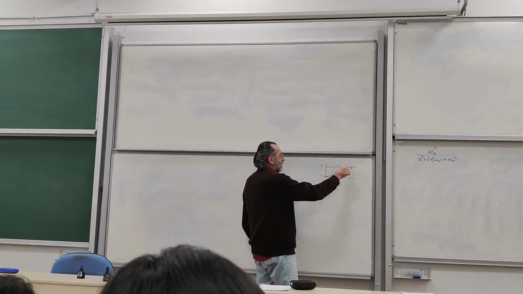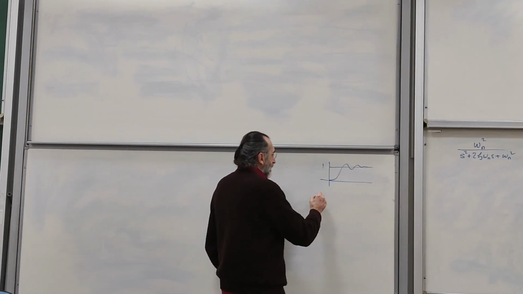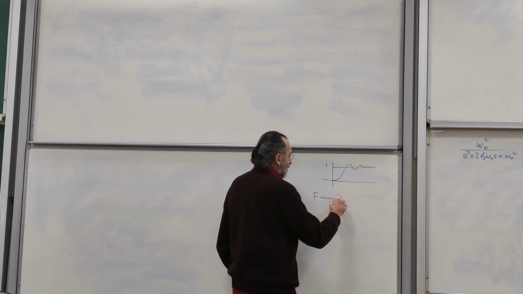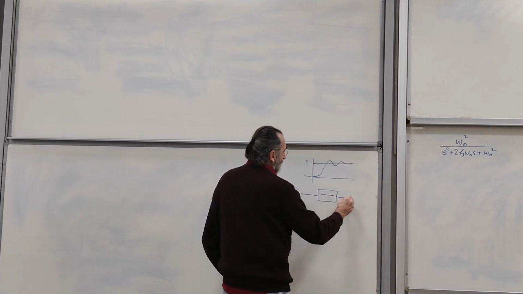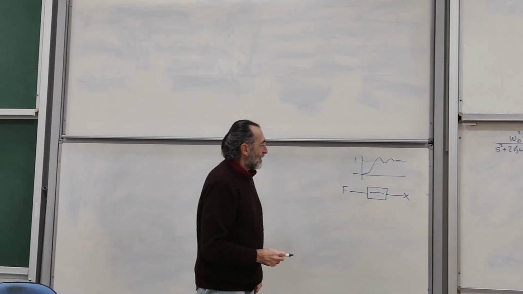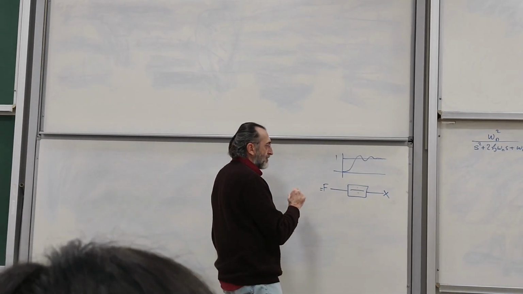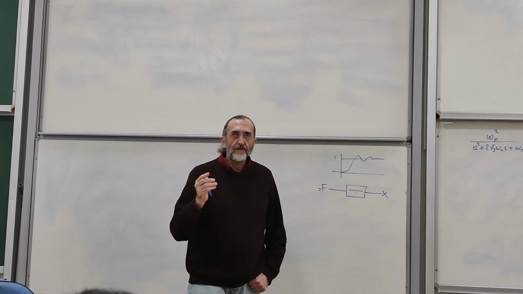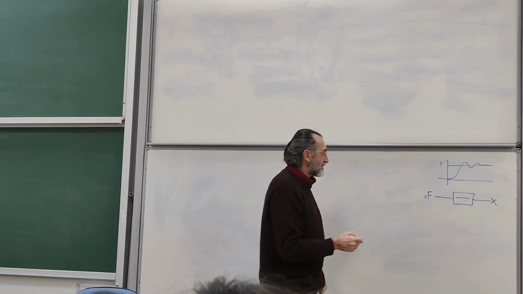And we have all these parameters to calculate. So the f that we give into the system is going to be the unit step. Therefore, its Laplace transform is going to be what? 1 over s.